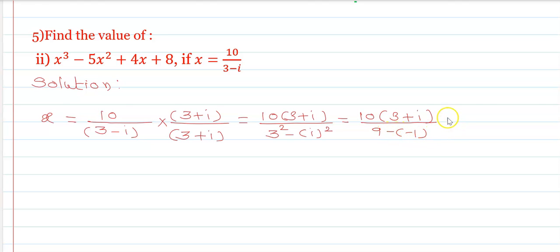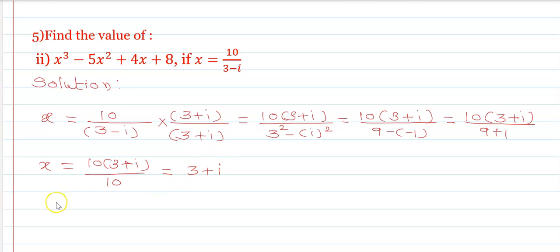Okay, and hence you will get 10 in bracket 3 plus I upon 9 plus 1, that is 10, and hence x is equals to 10 in bracket 3 plus I upon 10, 10 get cancelled, and you will get 3 plus I. Okay, therefore x minus 3 is equals to I. Now squaring on both sides.